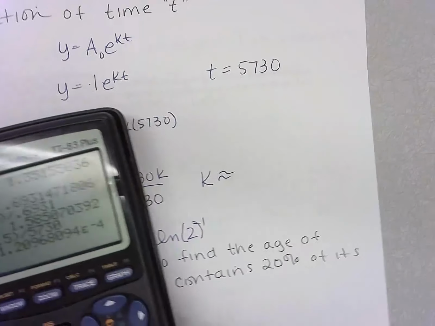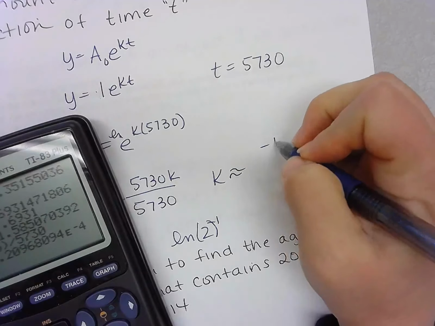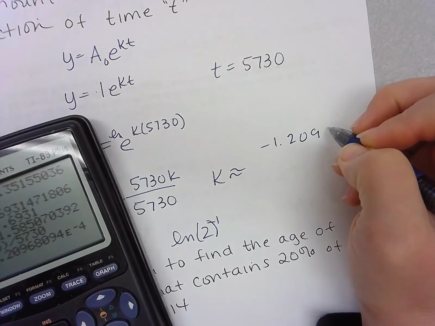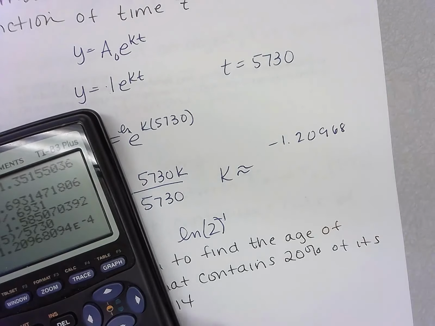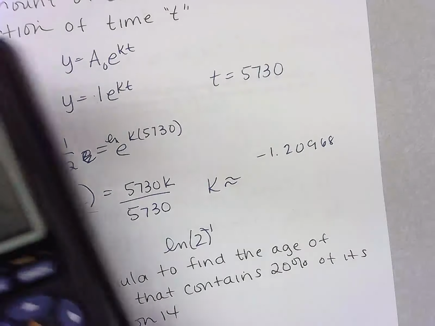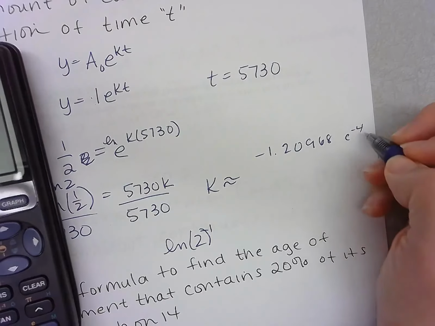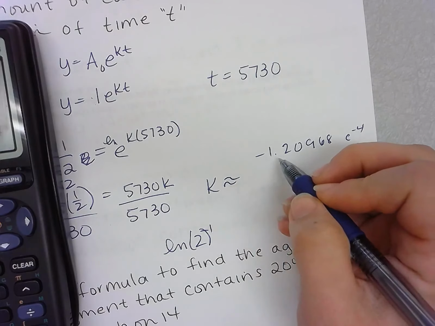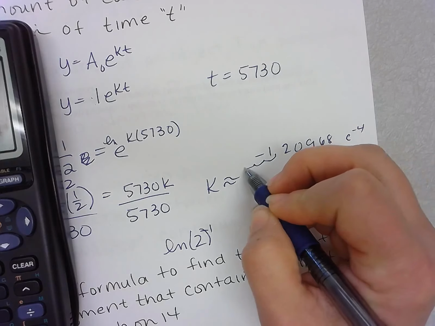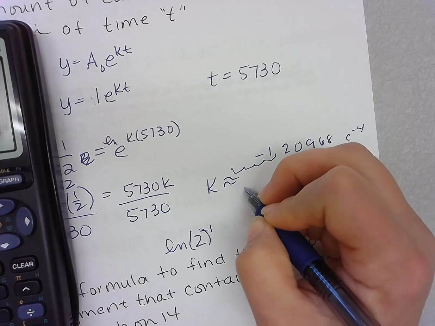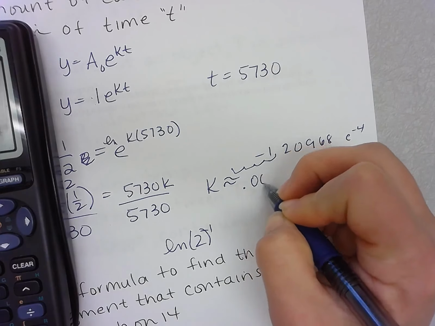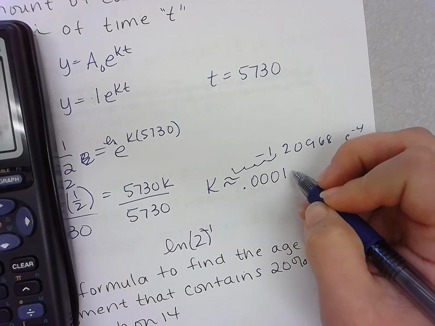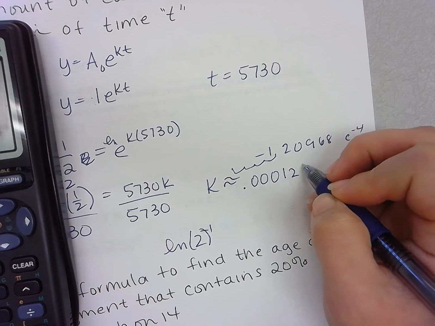It gave me negative 1.2168, but it was e to the minus 4. So basically that means my decimal place is going to move back 4 units. So it'll be 1, 2, 3, 4. So basically my k is 0.000121.